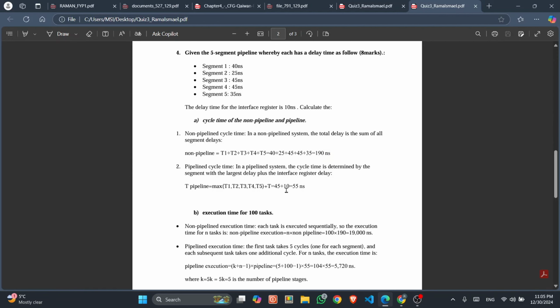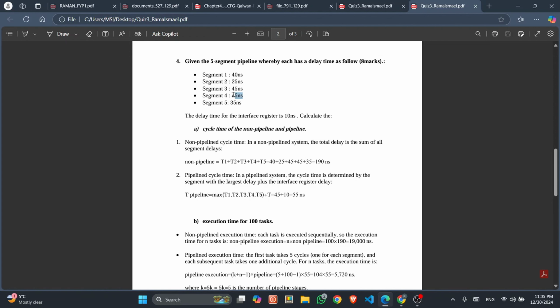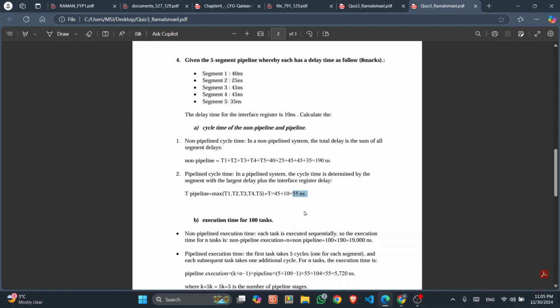But in the pipeline, we have to get the largest delay, which here is 45 nanoseconds. Then we add it to the interface register delay, which is equal to 55 nanoseconds.